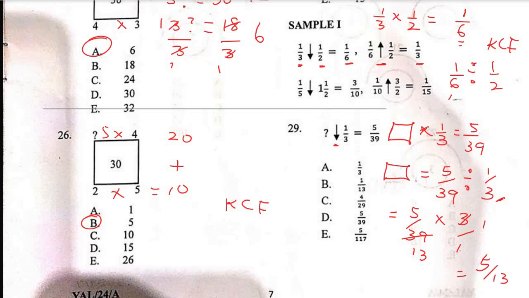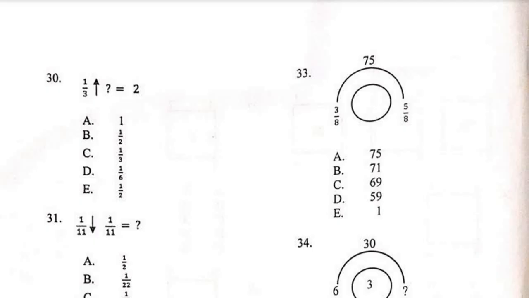Among the options we have, the option is not there, so I think there's an error here, but just take note of this. The right answer is 5 over 13. Is that okay?